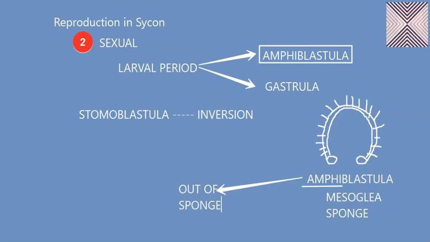Now this stage is free in water. This is a very important point. It comes out of the sponge, and it can perform swimming movement. It can swim because it has a number of flagellae.